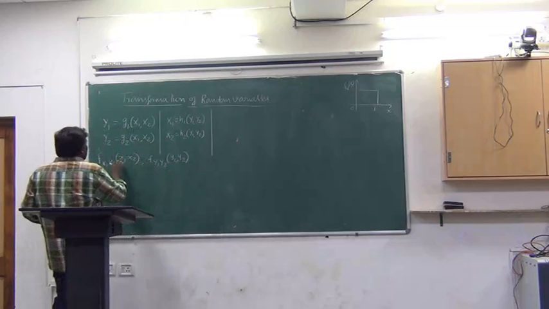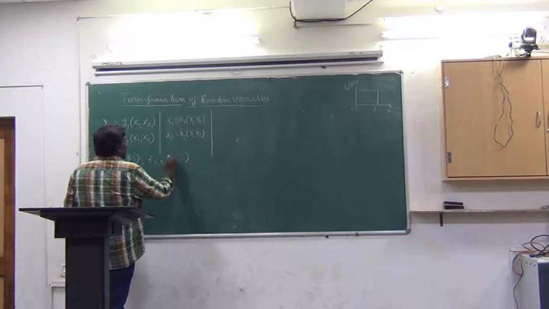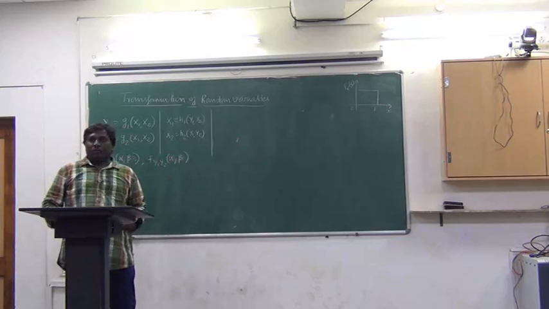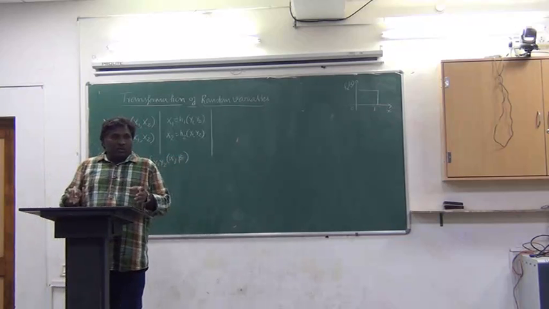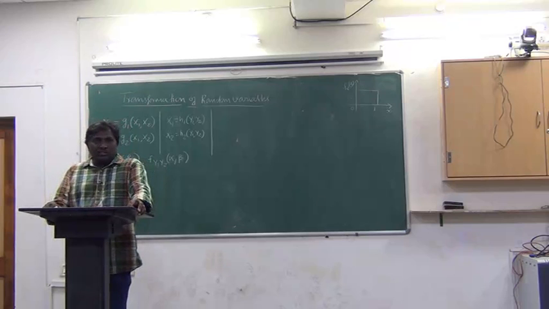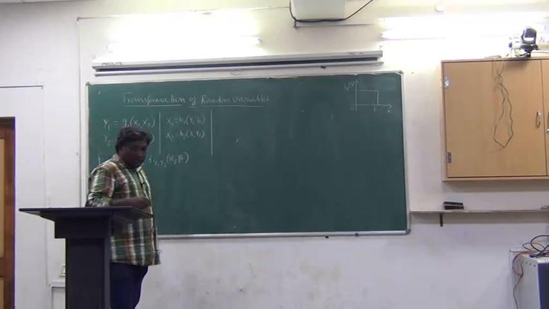Let me make it more general: if it is alpha and beta, it should again be a function of alpha and beta, right? So we have a relationship between these two joint density functions. Does anybody know this result? Have you heard about this Jacobian method of transformation of random variable, right? That's exactly what we are going to discuss today.